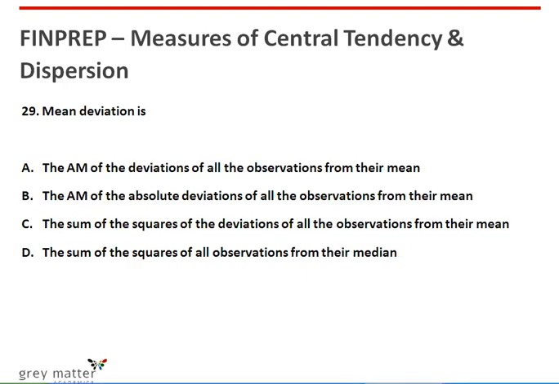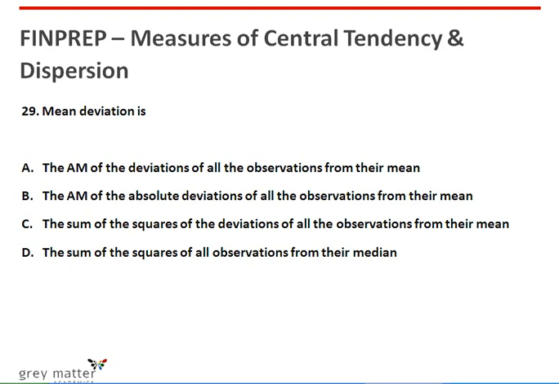Now mean deviation is nothing but the arithmetic mean of the absolute deviation of all the observations from their mean. That is sigma of the modulus of xi minus x bar, where x bar is the arithmetic mean, divided by the total number of observations.